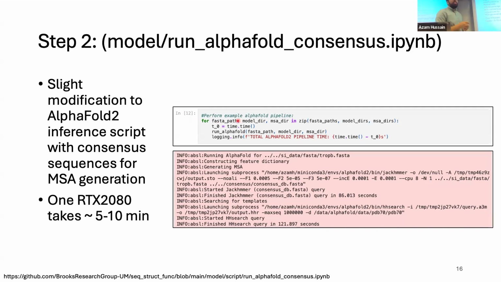It's pretty modular. If you look at the actual inference code for AlphaFold, it's one script with like 400 lines, and a lot of the paths don't make any sense. There are like 20 paths you have to set just to run AlphaFold.